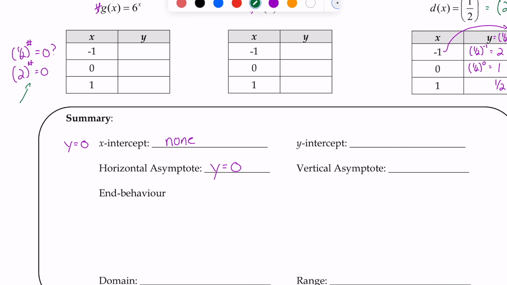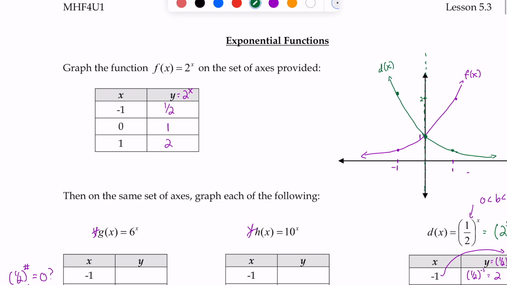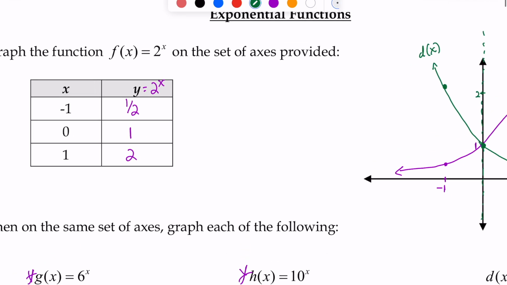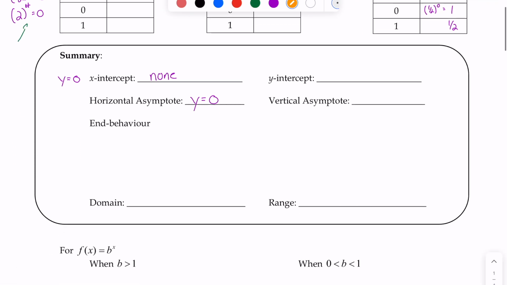Or we can also just look at transformations. As we'll see later in the lesson, the c value, the thing that's on the backside, if you have no number here, technically this is like me saying plus 0. But whatever number this is, that's going to be your horizontal asymptote. So if I go down for a second, I'm going to jump ahead in the lesson.